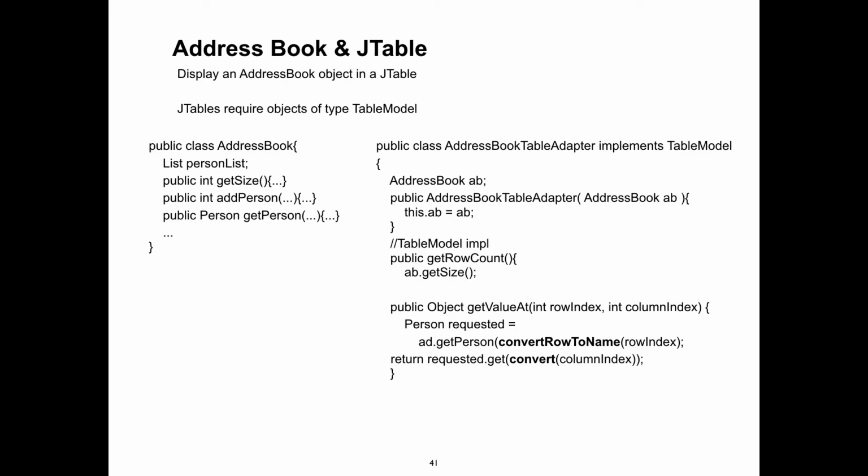And there it is, the JTable example, which requires a table model. Then you have an address book or a cell, whatever it is, and in this case, an address book. It's an abstraction that you implement that satisfies what an address book should do, but how do you display it in a JTable?